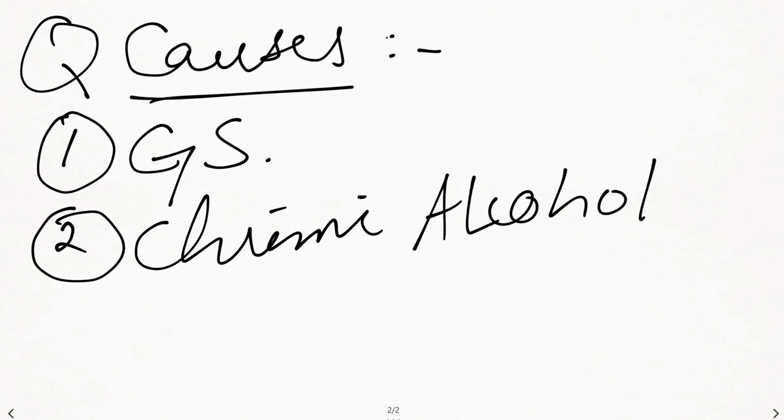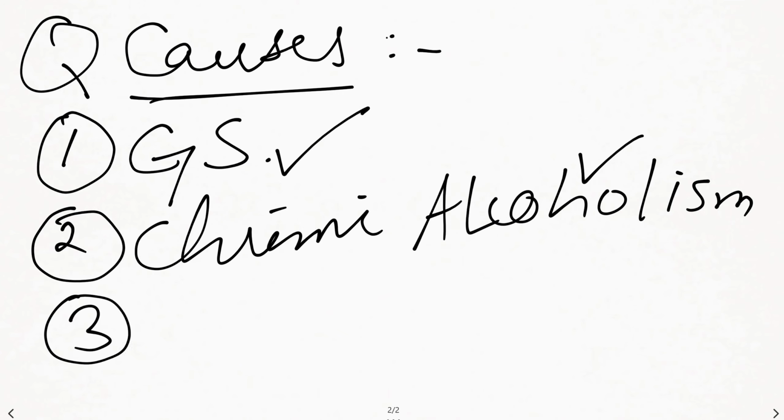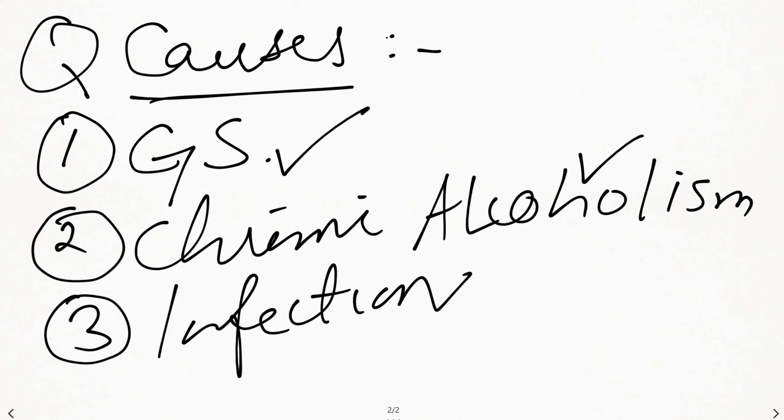These are the most important. In the third category come infections in general. You can say infections alone, and you can mention examples like mumps, Coxsackie virus, typhoid, and so on.